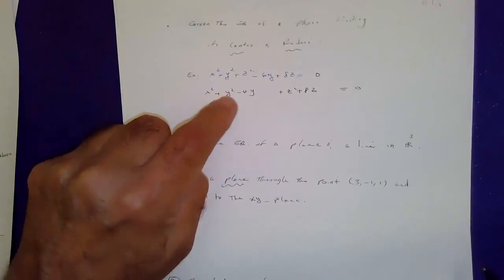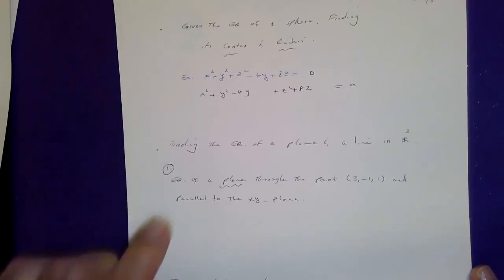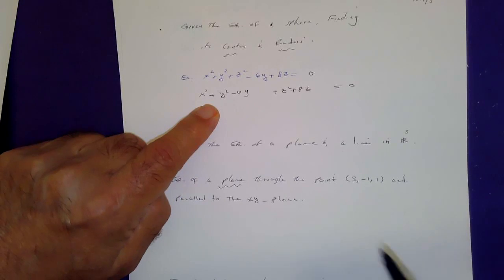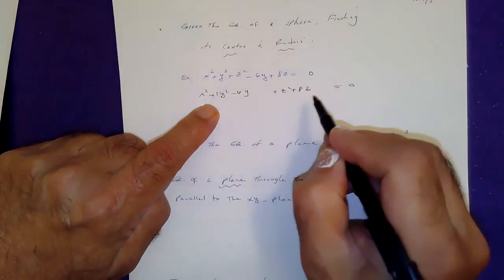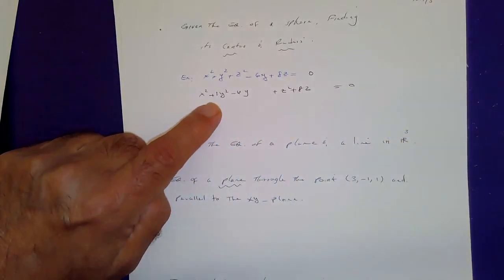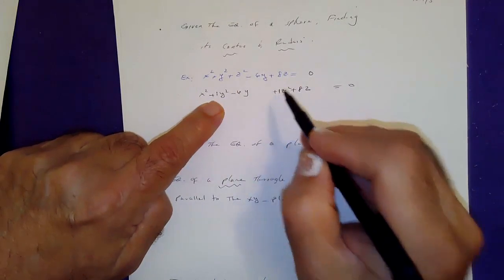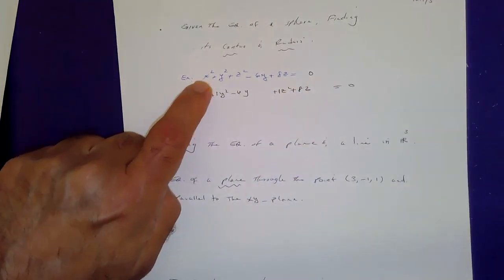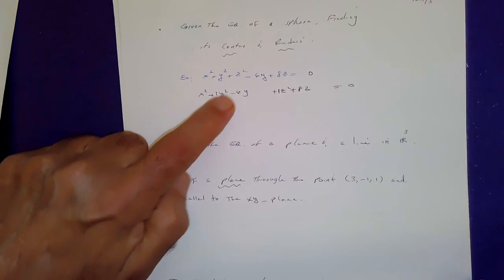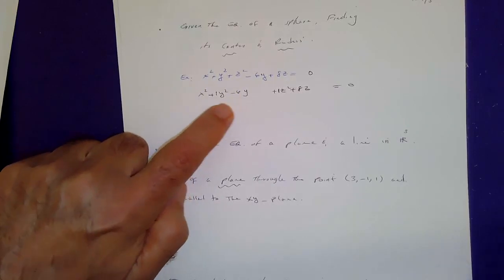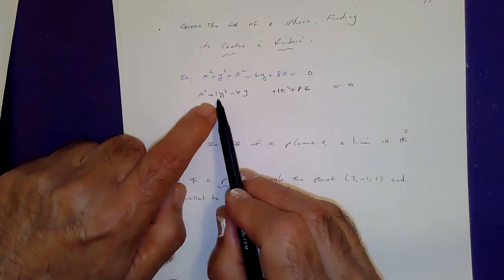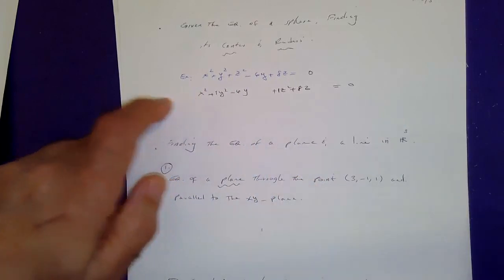So group the x's, group the y's, group the z's, and complete the square. Because x squared is already complete, I just have to complete the square on y and z. Make sure the leading coefficient for these guys happens to be 1.